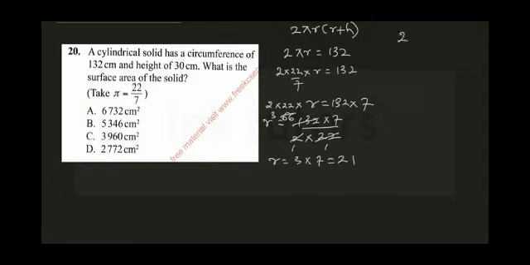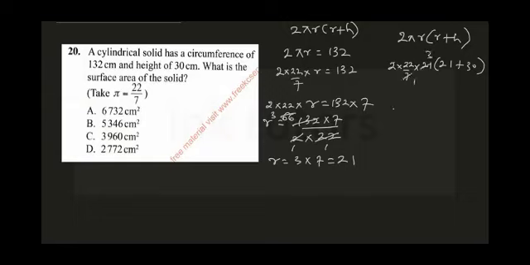So from here, I can apply my formula. So this is going to be 2 pi r plus h. So I'm going to put 2 times 22 over 7 times my r, which is 21, plus 21 plus 30. Okay, so all we need to do is to break down this equation. 7 here is 1, 7 and 21 will give us 3.